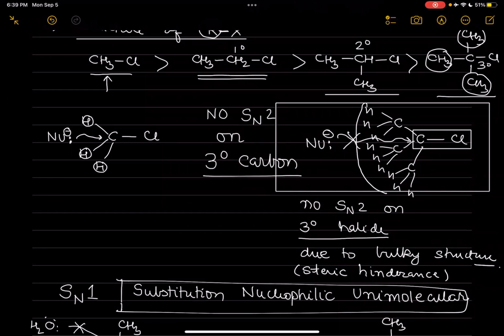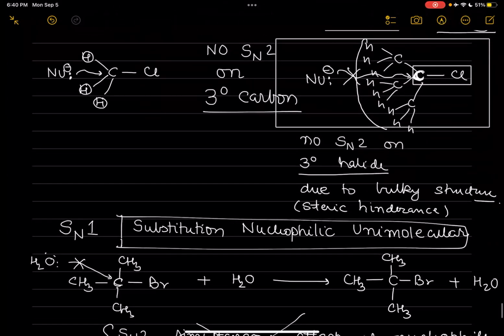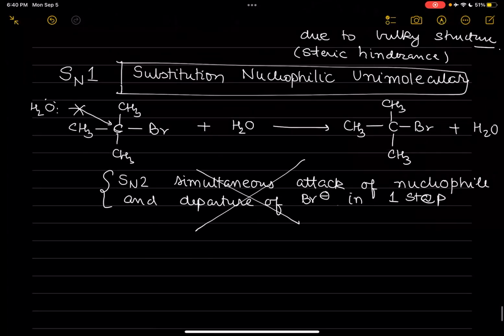The carbon which is connected to 3 carbon atoms. Look here. This carbon, which is connected to Cl, cannot be attacked directly by water. It is a 3 degree carbon because it has 3 methyl groups. The methyl groups will not let the nucleophile, the OH minus or the water molecule, come and combine with the carbon of the C-Cl bond. So direct attack is not possible.